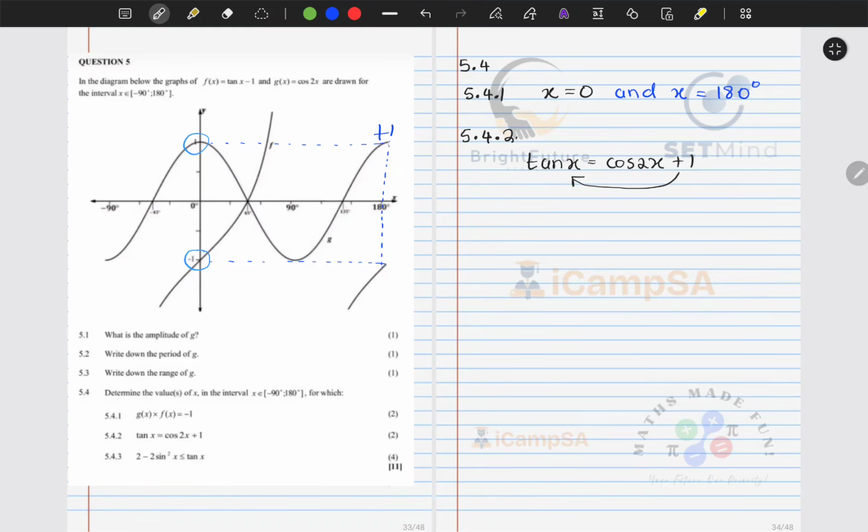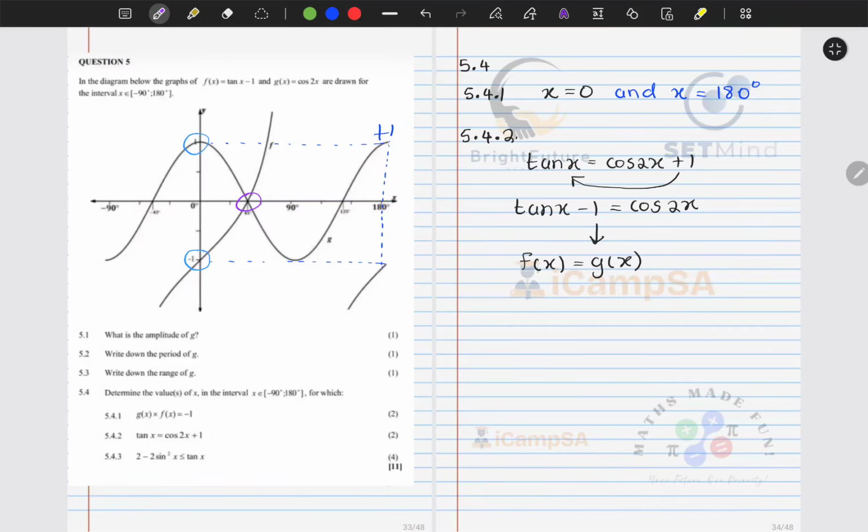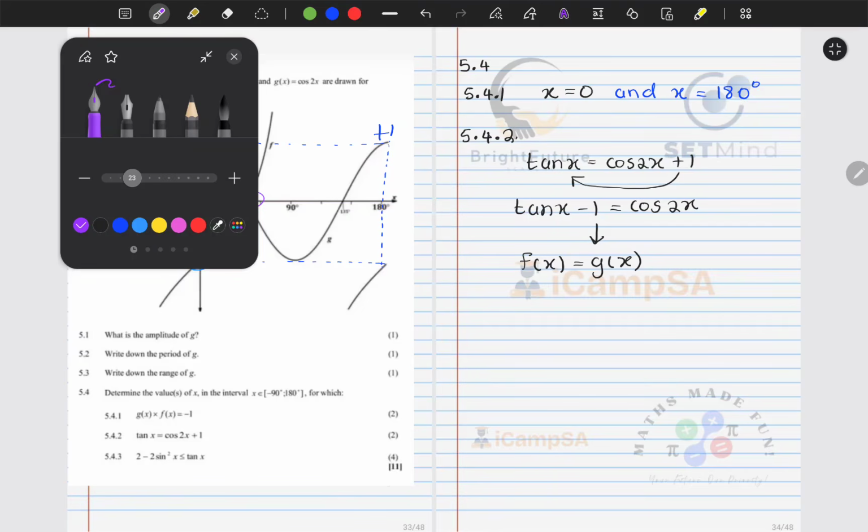So what I'm going to do is transpose so that we have tan of x minus 1 equaling cos of 2x. And if you look carefully, this just becomes: for what x values is f equal to g? So where are they equal? Now, if you observe carefully, they're at 90. No, that is not 90, that's at 45 degrees.